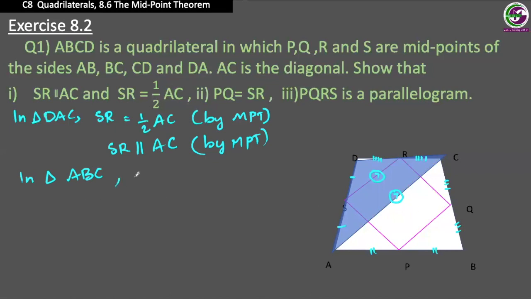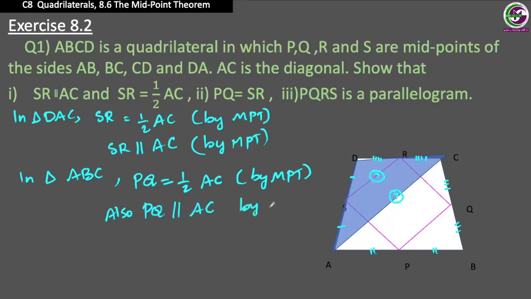So PQ is equal to half of AC by the midpoint theorem. And also PQ is parallel to AC, again by the midpoint theorem.